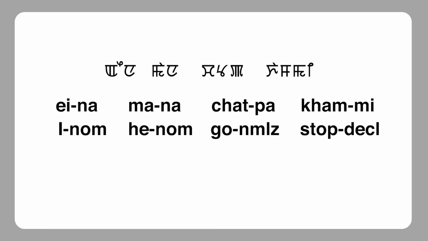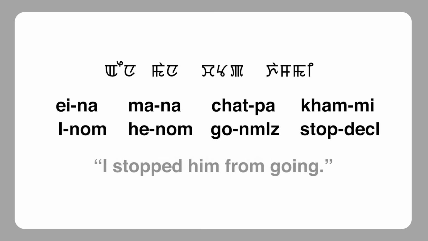Second, non-co-referential actor. Aina mana satpa khami. I stop him from going. In this case, the embedded subject mana is distinct from the matrix subject aina, indicating a different type of clausal relation.